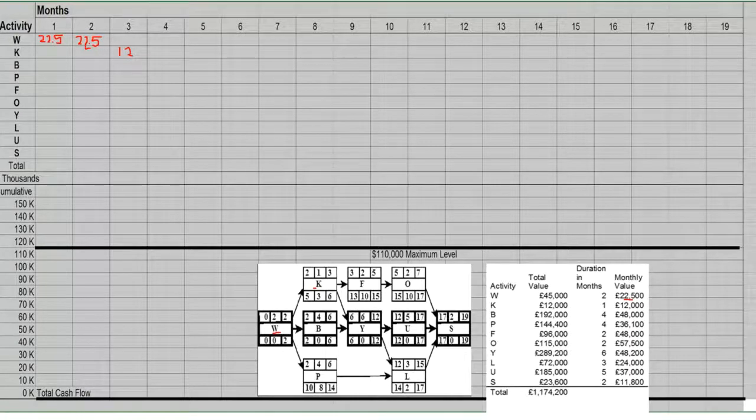This is followed by activity B, which is essentially a critical activity. You can see activity B is a 4 months activity, and we are incurring 48 grand every month. So 48 for the 4 months, which is the total duration of this.